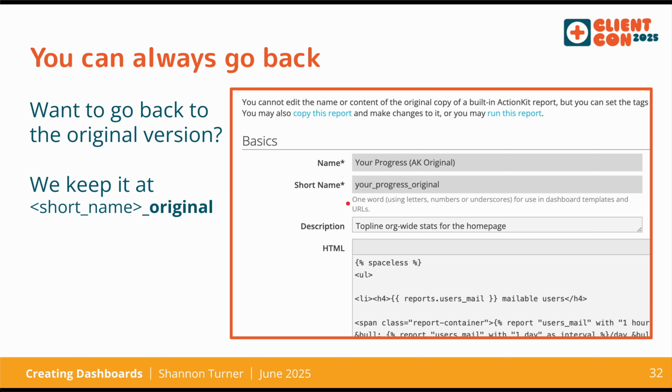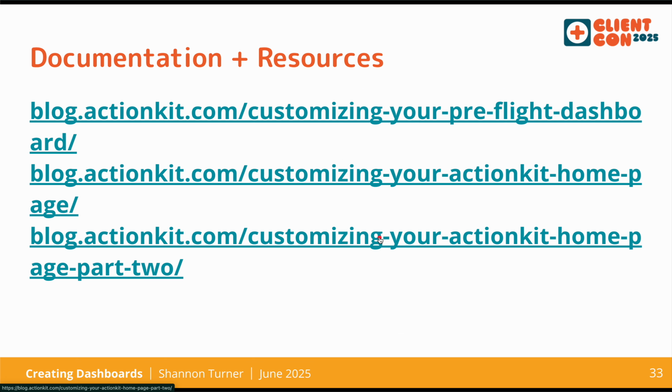So if I decide I do actually want to get the mailable users, then I can go and get that back. So here are some links that have some more detail about how to customize your draft dash and your progress dashboards. These have examples that you can copy, and I will include these in the description as well.